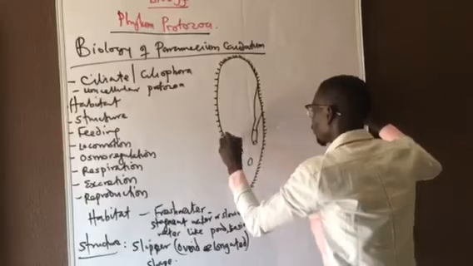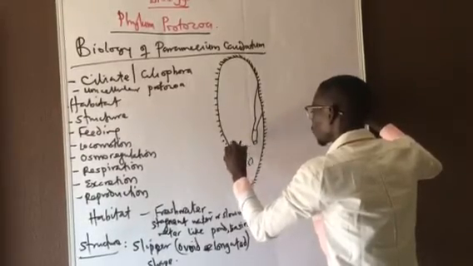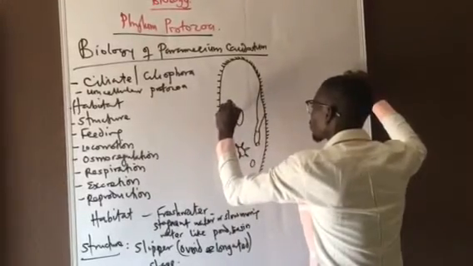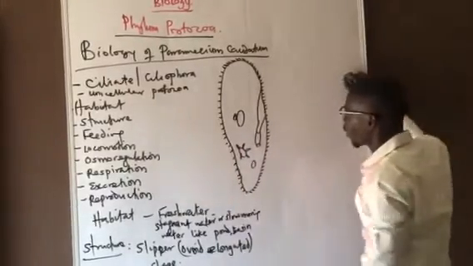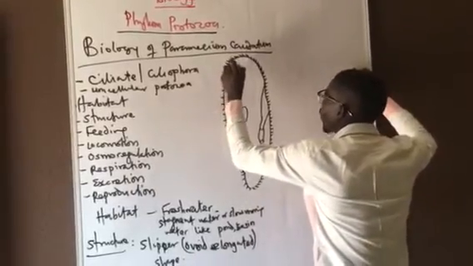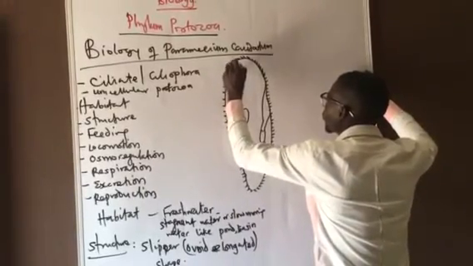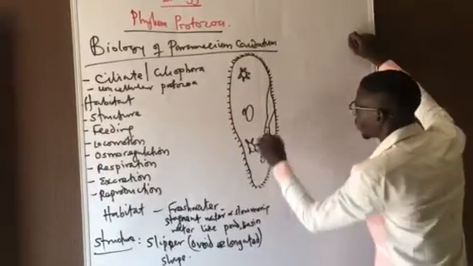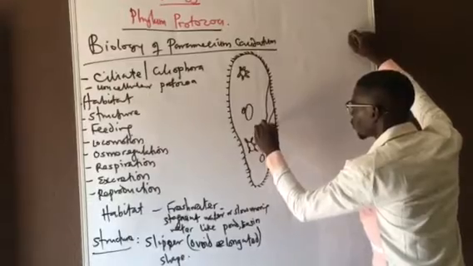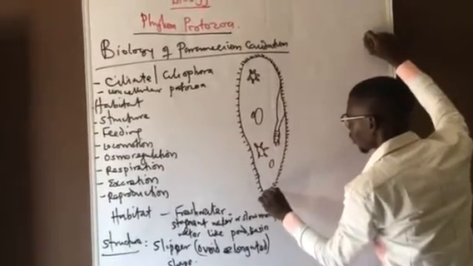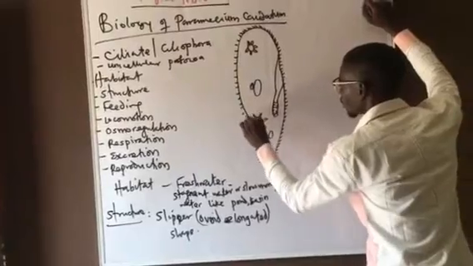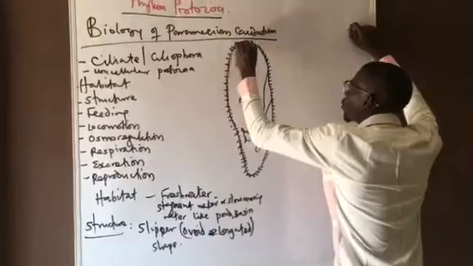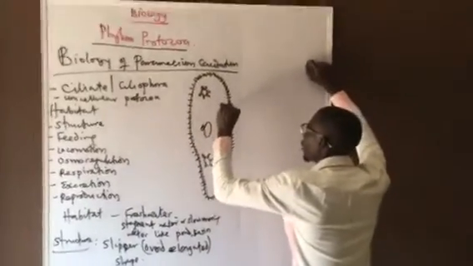We have the contractile vacuole. They have two contractile vacuoles. They also have two nuclei, the macronucleus and the micronucleus. They have another contractile vacuole here. So when we talk about the structure of paramecium, something like this. We have a trichocyst, which serves as a pore that leads into the inner chamber.